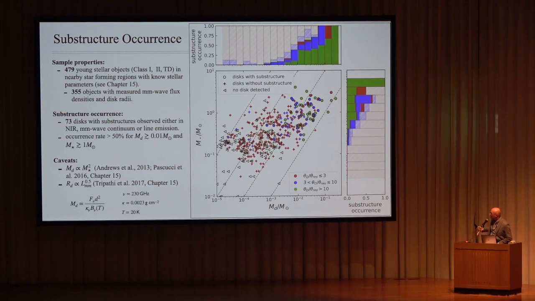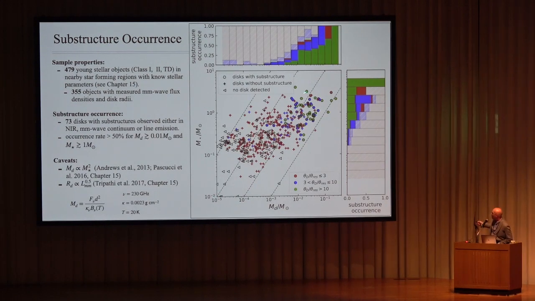Yeah, so for the fainter disks, if you look at the mass ratio, these diagonal lines are mass ratios, so disks with equal mass ratio. Okay, so this is 10 to the minus 1, 10 to the minus 2, and this is your minimum mass solar nebula, 10 to the minus 3.